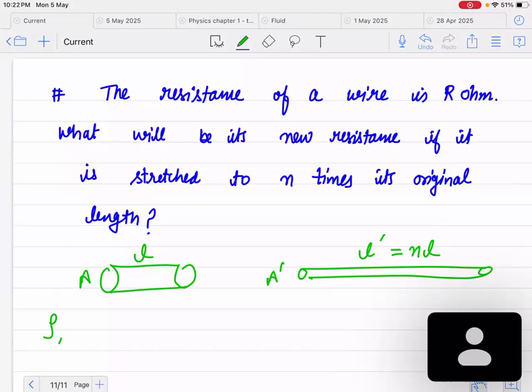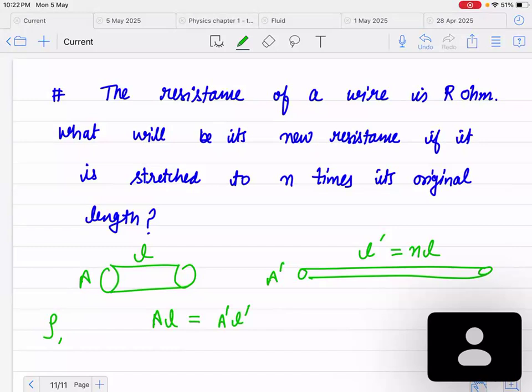Another thing is the volume. Volume of the first wire will be equal to the volume of the second wire, because volume is not changing. Length and area change, but volume remains the same.